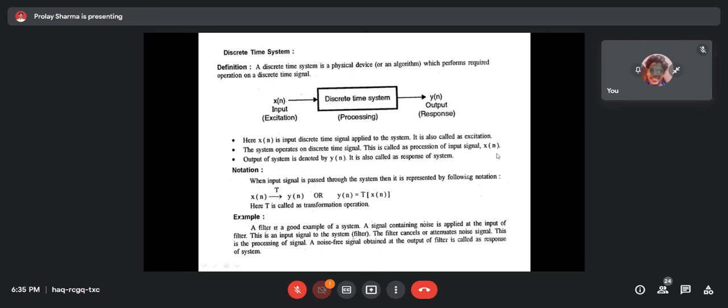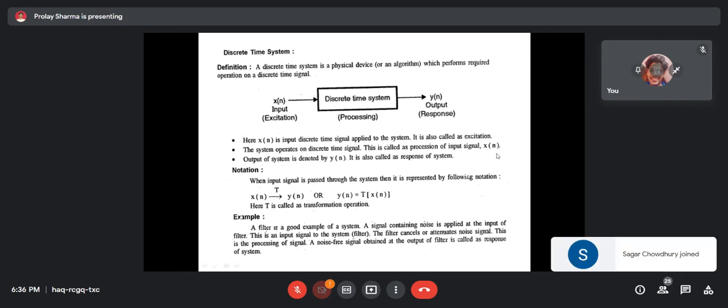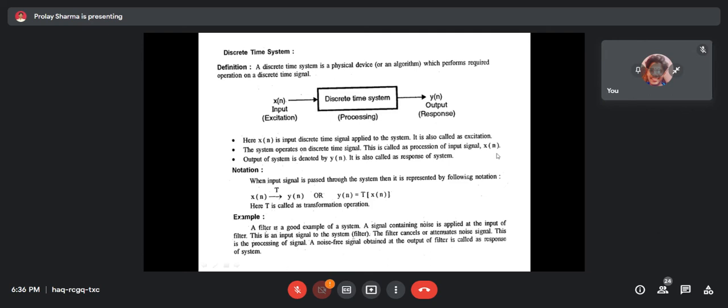That means the system can be developed by a software program also. This is the biggest advantage, because if it is a software program, then anytime we can alter the system, change the performance and characteristics of the system, and improve the system. This is the flexibility, as this type of system can be built using a software program.